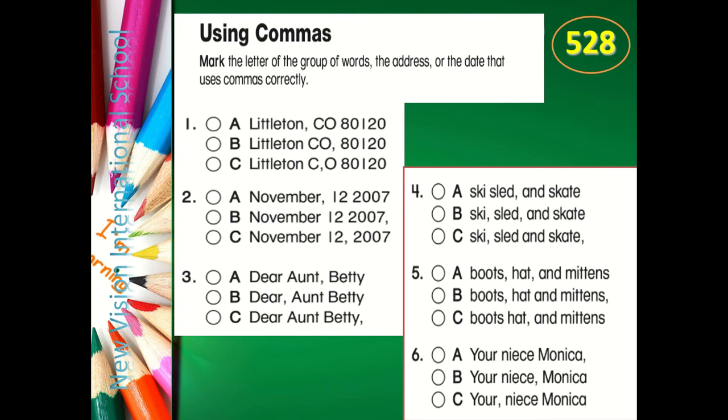Okay, done. Let's see what is the answer in number 1. So that is the letter A. We put comma after the name of the place, Littleton, okay? Next, number 2. It's a date. So which one is the correct one that uses comma correctly?